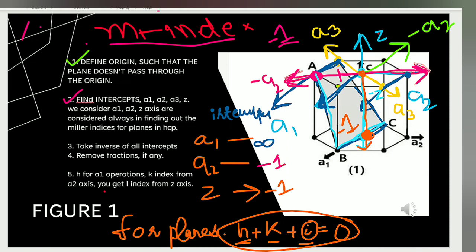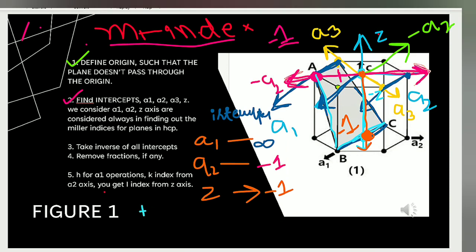And now we have to take the inverse, or reciprocal, of each of these indices. Here is the A1 intercept, here I'll write the A2 intercept, and here I will write the Z intercept. The A1 intercept was infinity, and taking the inverse, 1 over infinity is equal to 0.